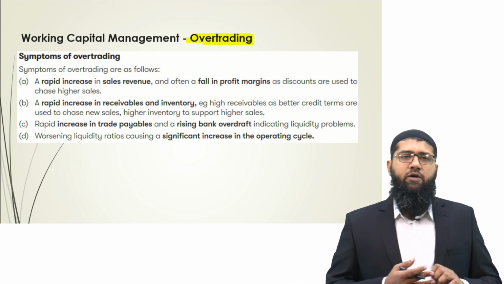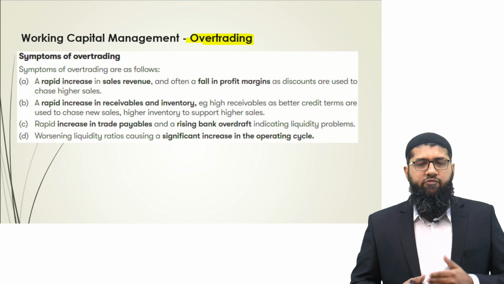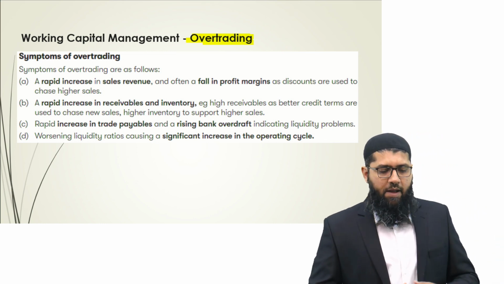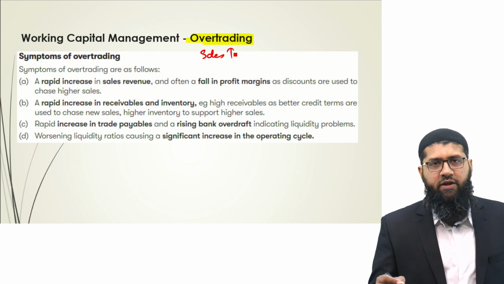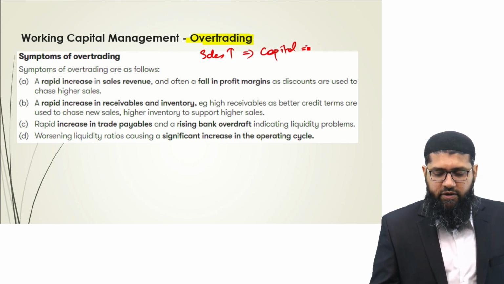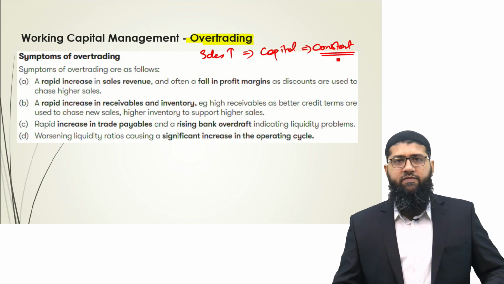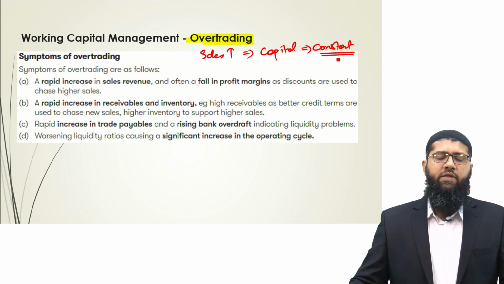The basic concept of overtrading is that your business expands a lot without a supporting increase in the capital. For example, the sales of the company keep on increasing, whereas the capital of the company remains constant.